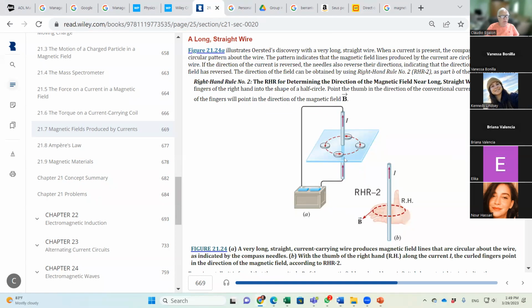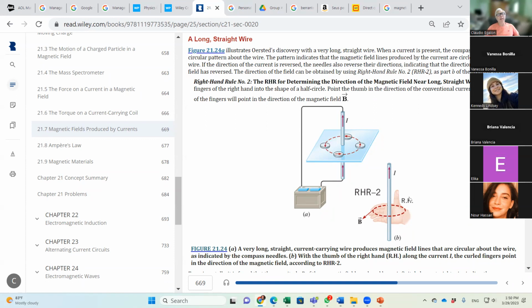If you place a magnetized needle, a compass, around this wire, you're going to see that the magnetized needles orient tangent to a circle, to a loop that encloses this current. That's what Oersted observed.